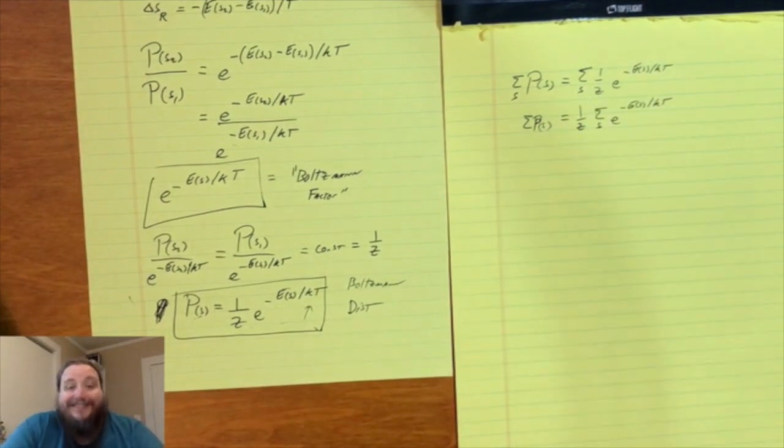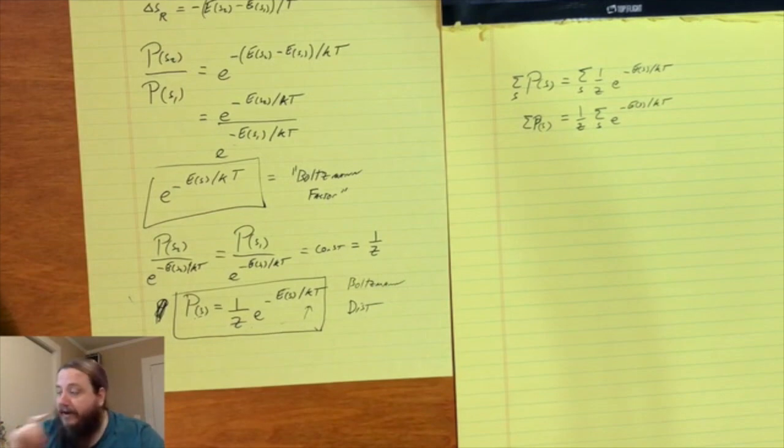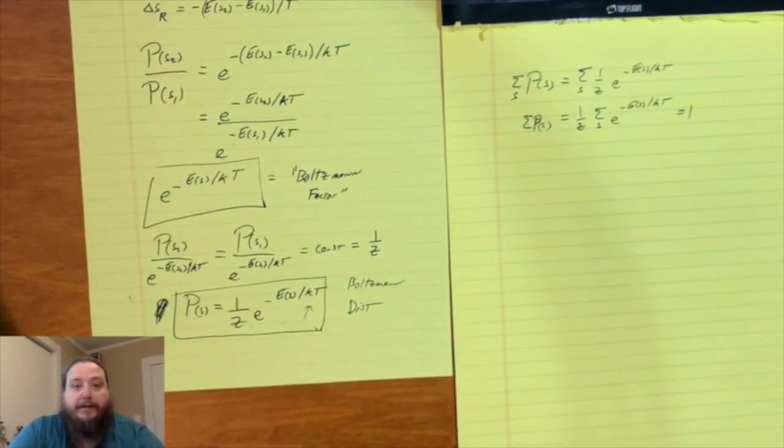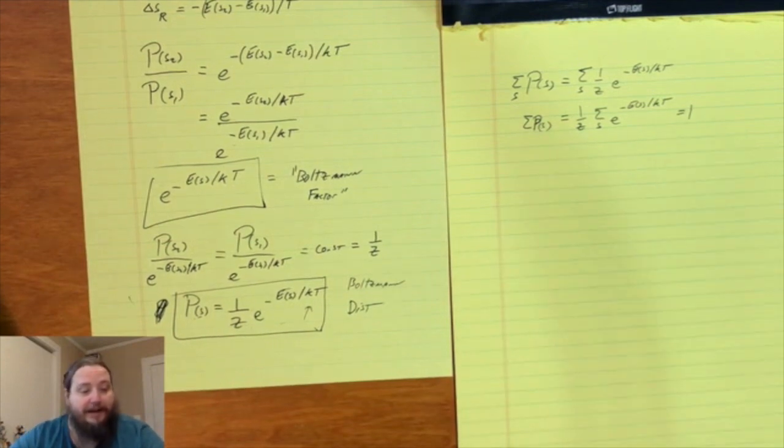Well, our system has to be in some state. Our atom has to exist in one of the states, and so the sum of the probabilities of being in a particular state must always sum up to 1, because this is a proper probability. The system exists in one state, and so if we add up all of the probabilities, they must add up to 1.